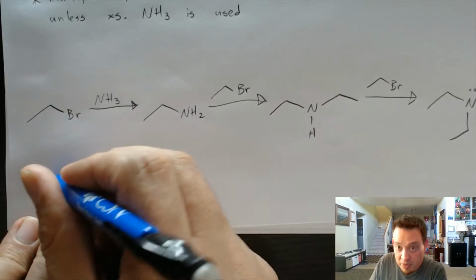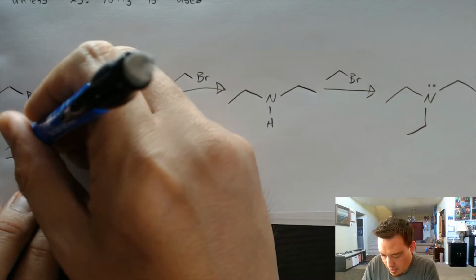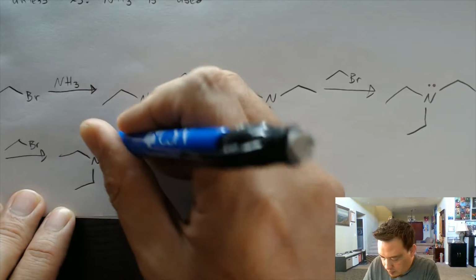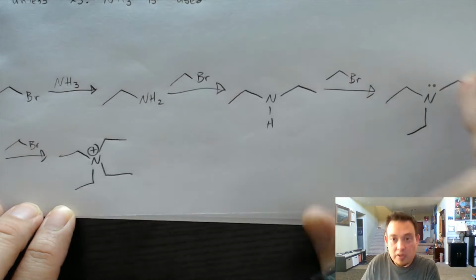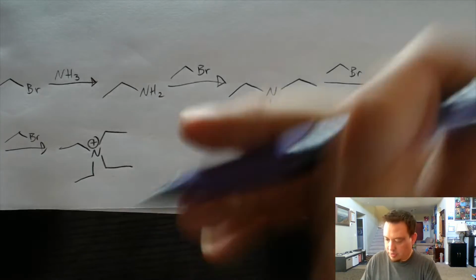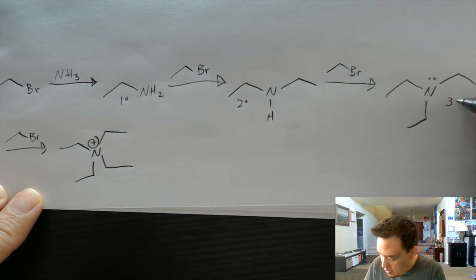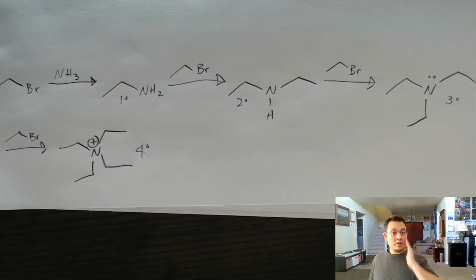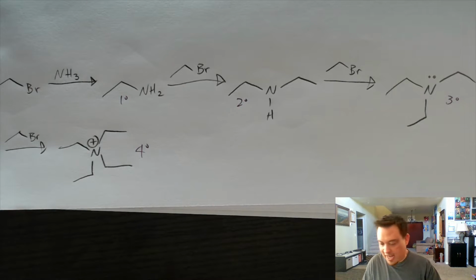And then it could react with another equivalent of this one, giving us the quaternary amine. Like that. So it goes from being primary, secondary, tertiary, quaternary. All right. To avoid this, we use the Gabriel synthesis.